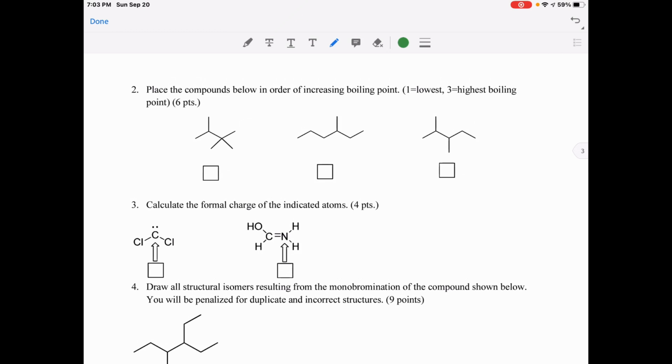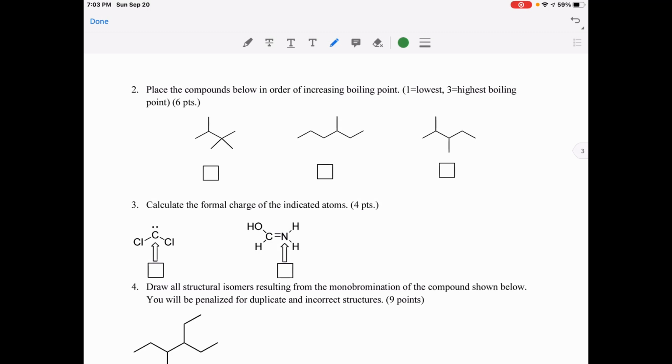For question number 2, we are asked to list the following alkanes by order of their boiling point. So in order to do this, there are a few things that we need to take into consideration. When it comes to evaluating the boiling point, we have to consider intermolecular forces.